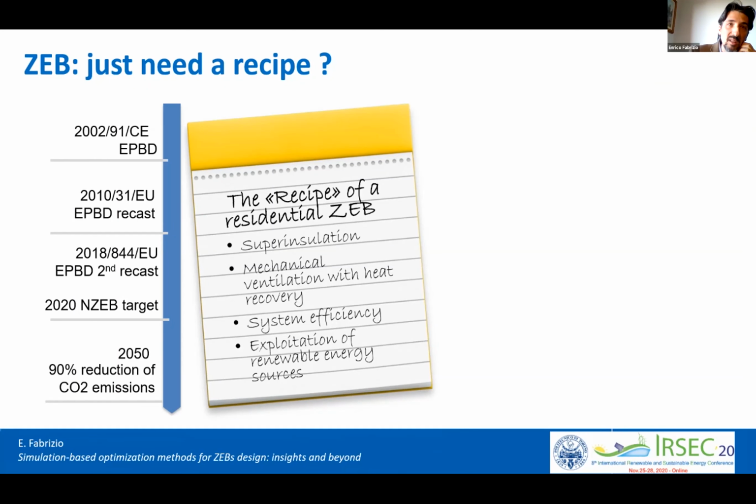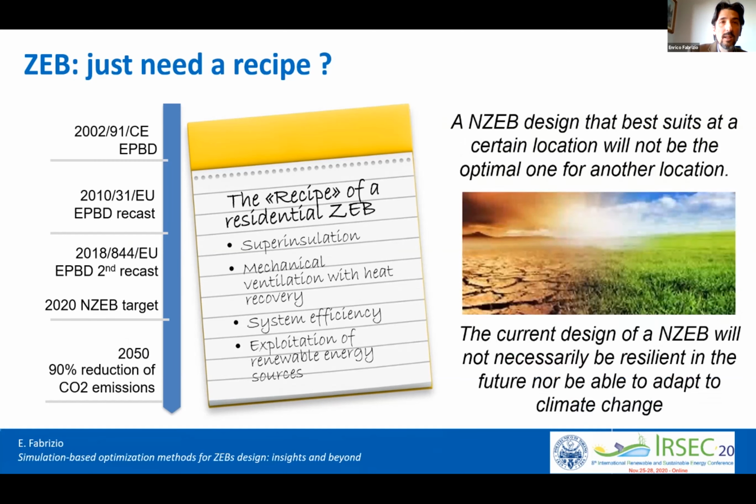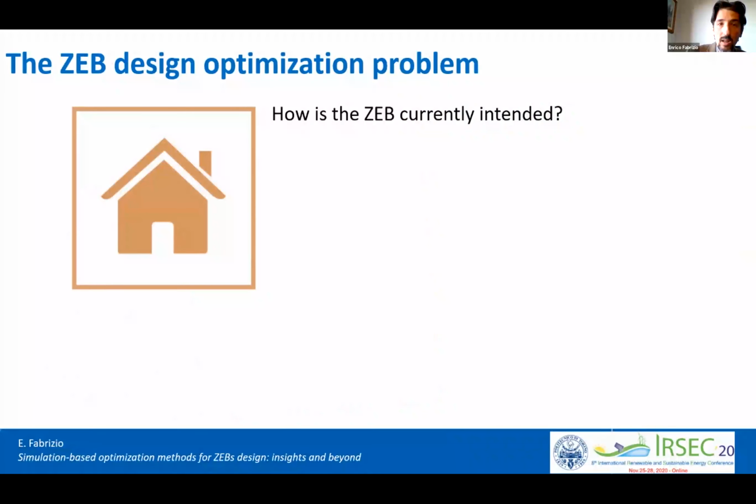Well, the recipe is far from being as trivial as it may appear, since previous studies demonstrated that the ZEB design that best suits a certain location will not necessarily be the optimal one for our location, and that the current design of a ZEB has to be resilient in the future, or able to adapt to climate change. This is why, even though a considerable amount of research has been performed on ZEB, this topic is still of great interest for academics, for researchers, and also for the construction industry.